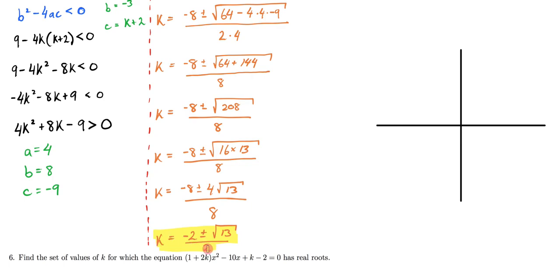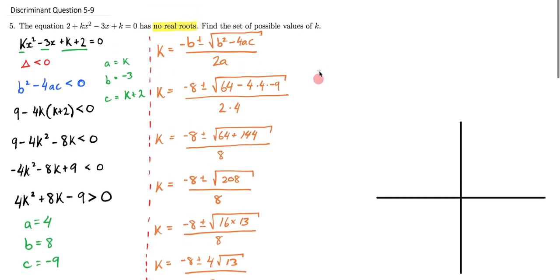So let me do something cool. Let me take this, copy, let me come back up here, paste it. So I have this value here. I also have this over here.